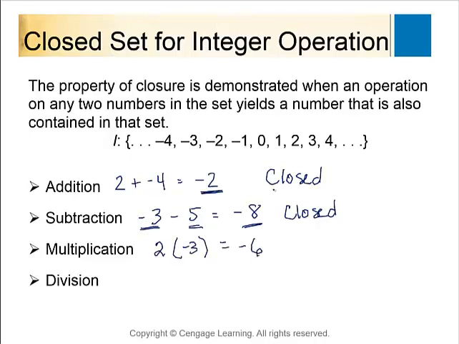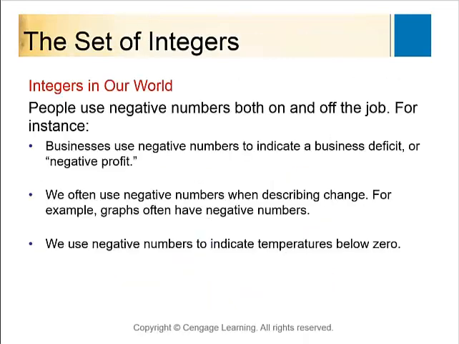Is that going to be closed under the set of integers? And you would say yes. Division, however, is another issue, because if I took, let's say, the number 1 and divided it by, say, -2, that answer is -1/2. However, -1/2 is not included in this set, so we would say that division is not closed or does not exhibit the property of closure.